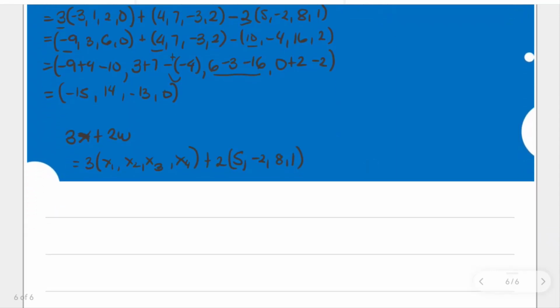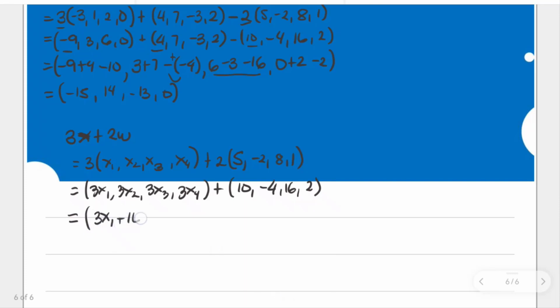This means that we have 3x sub 1, 3x sub 2, 3x sub 3, 3x sub 4, plus 10, negative 4, 16, and 2, which will give us 3x sub 1 plus 10, 3x sub 2 minus 4, 3x sub 3 plus 16, 3x sub 4 plus 2. So this is our right hand side.